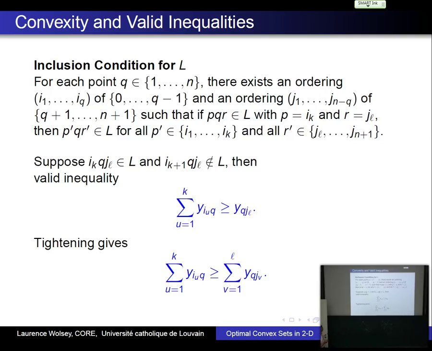If you can go from IK to Q to JL, and you can't go from IK plus 1 to Q to JL, then if you go from Q to JL, you have to use one of the arcs coming before to get there. And that's all that this inequality says.